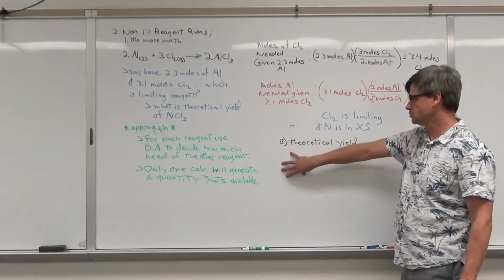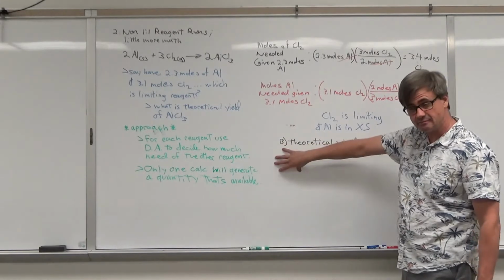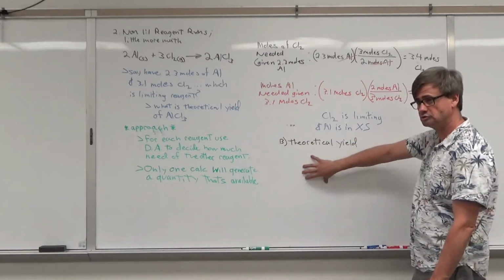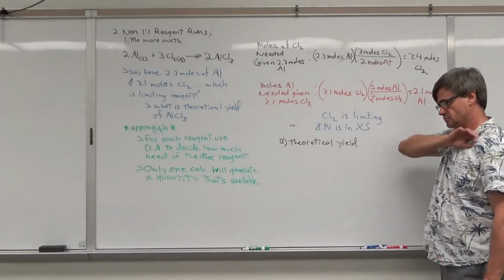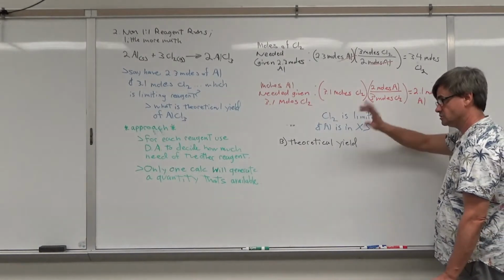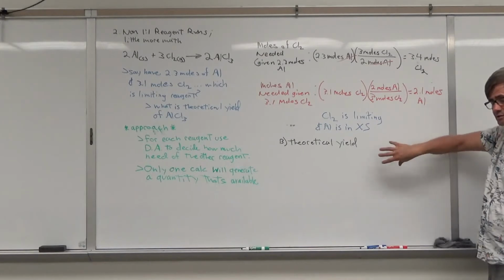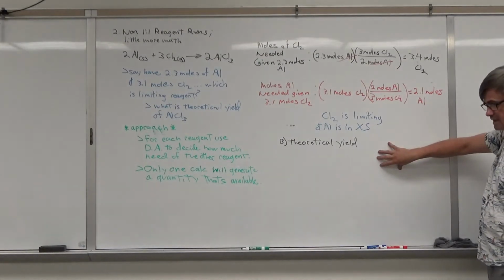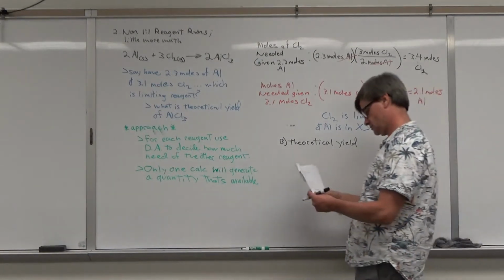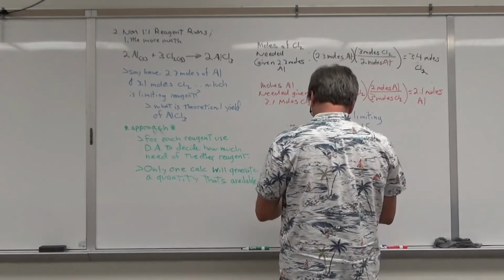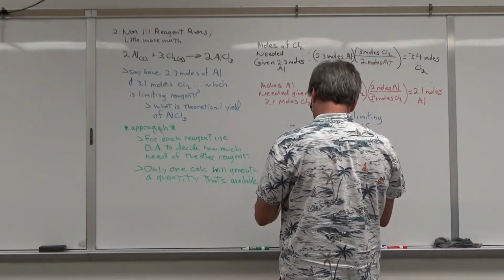We'll start with the mass of limiting reagent, convert it to the moles of limiting reagent. Once we know the moles, we can use the balanced chemical equation to come up with the moles of product. Then we use the molar mass of product to come up with the mass of product.